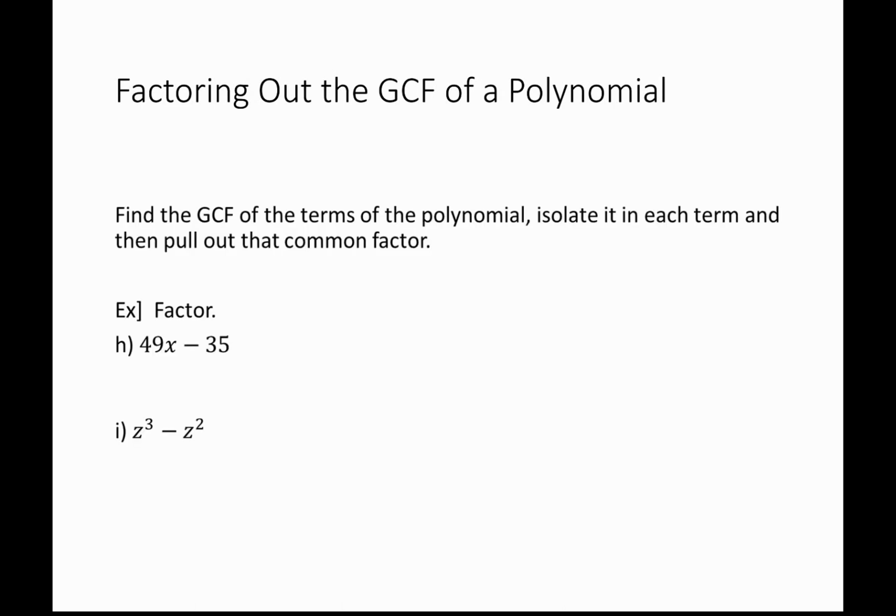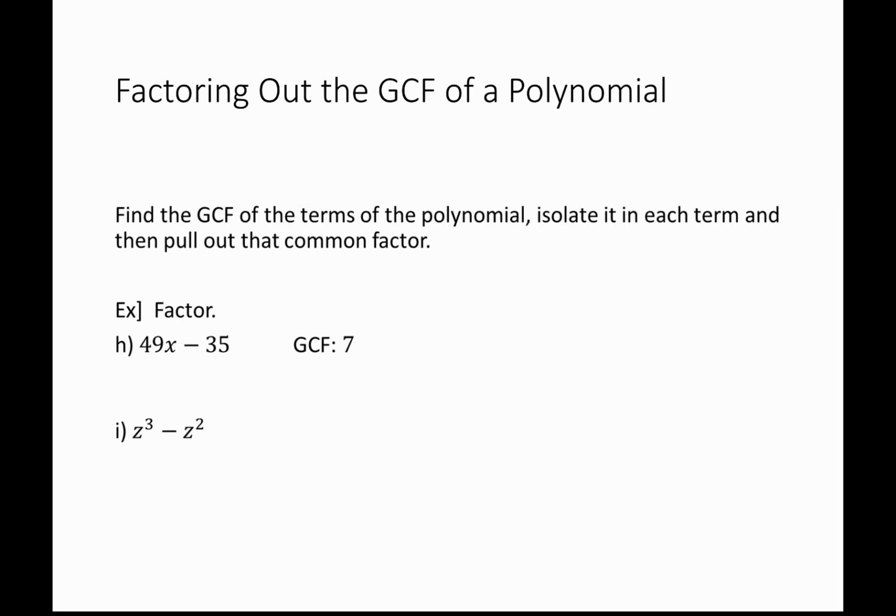Okay, so you'll want to find the GCF, the numerical GCF and the variable GCF if it exists, and isolate it, and then pull it out to the front and write down the remaining factors in a set of parentheses. So here we go. Let's first tackle 49x minus 35.